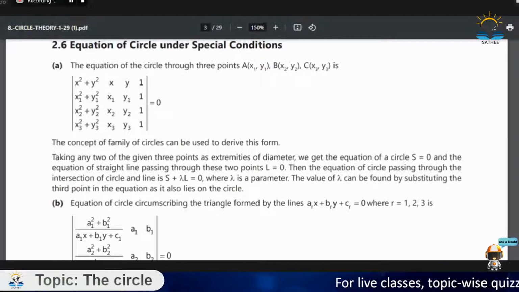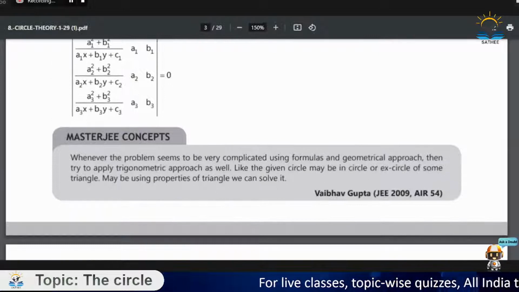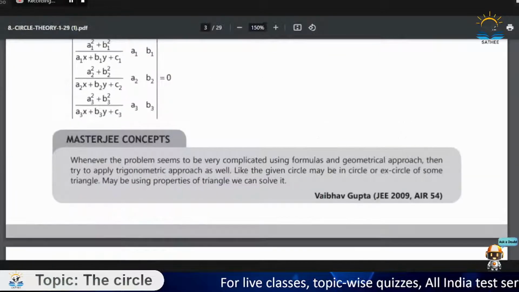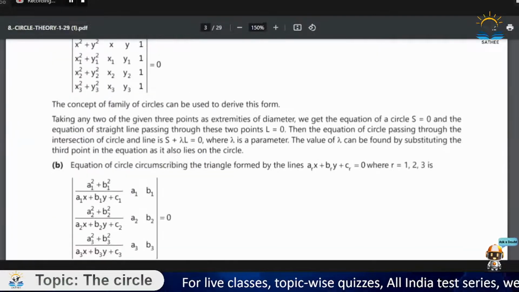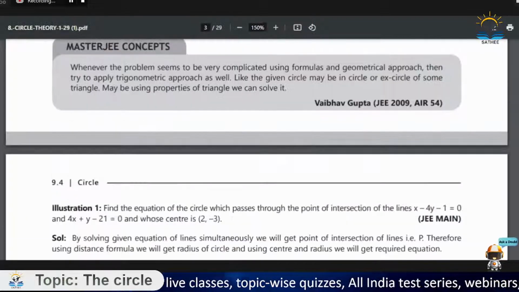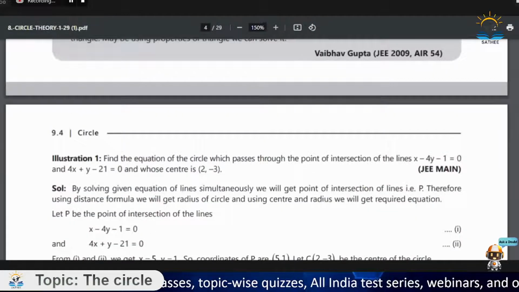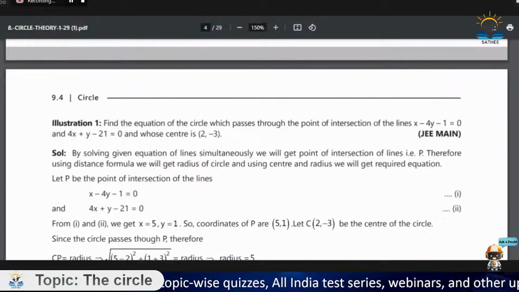So how this determinant comes, we will see in the next slides, after we have read the family of circles.